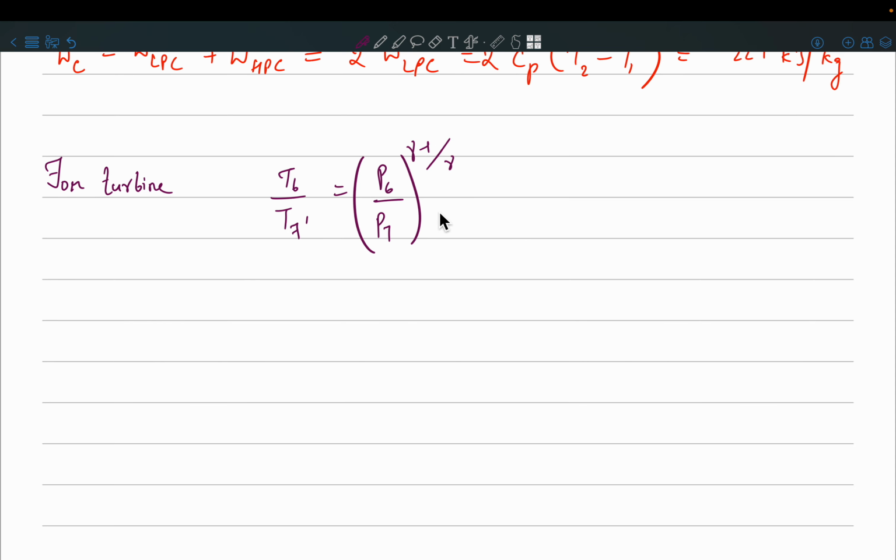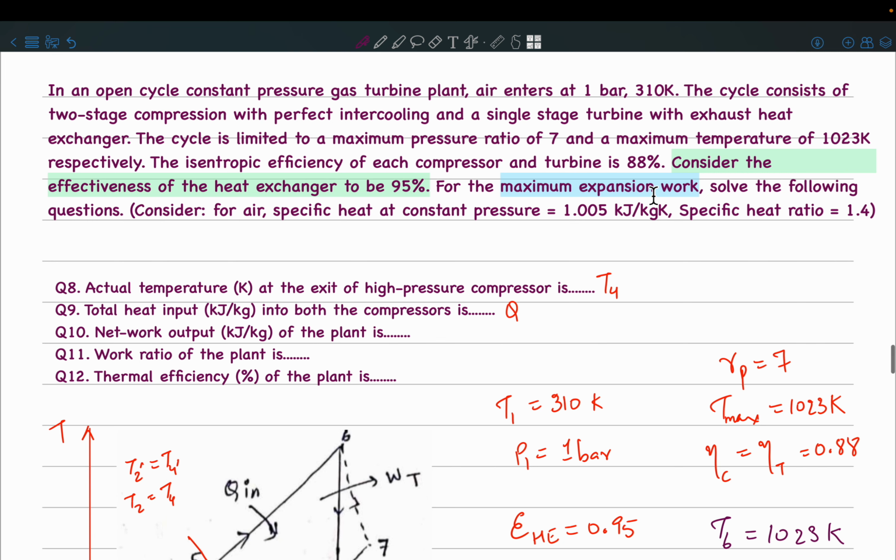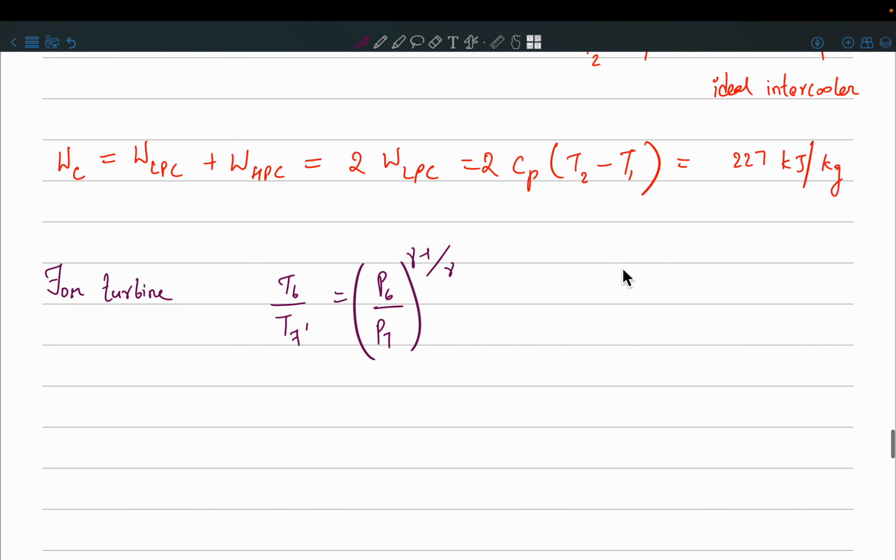And now since we don't have 2 stages, the total drop of pressure in the turbine is going to be the maximum given in the question. The question says that the maximum pressure ratio for the entire cycle is 7. So even for the turbine it is going to be 7, and here we will say 7 to the power 0.4 by 1.4, and remember T6 is known to us, so we can get T7 prime.